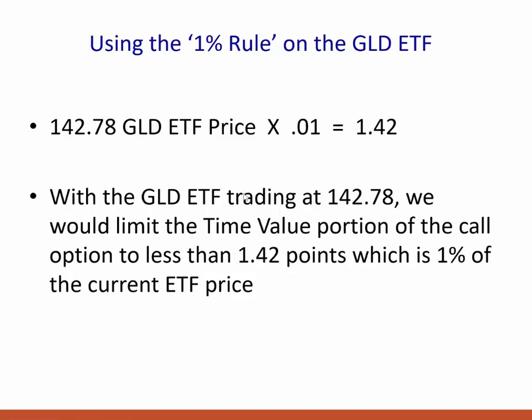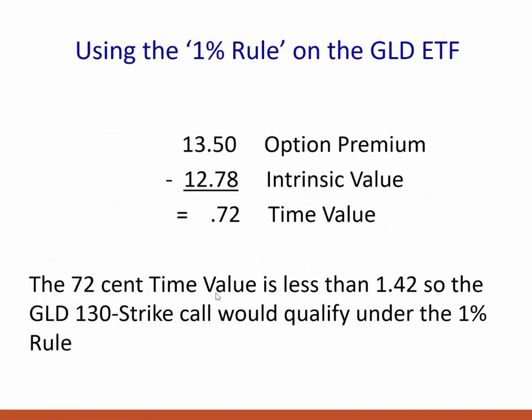So with the GLD trading at 142.78, we would limit that time value portion of the option to less than $1.42, which is 1% of the current ETF price. So the 72 cent time value is less than $1.42, so this GLD 130 strike call would qualify under the 1% rule.